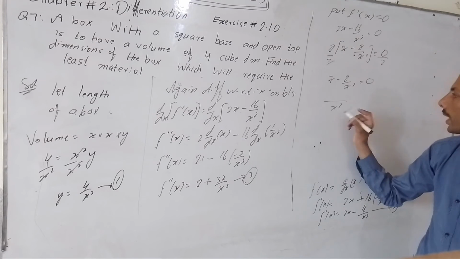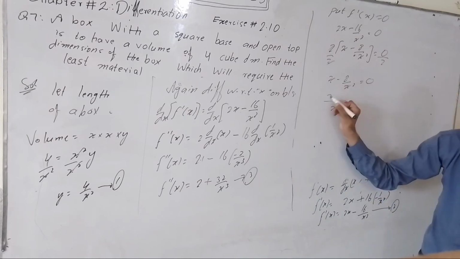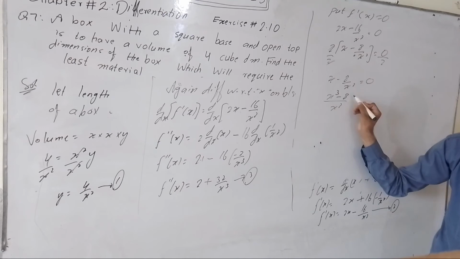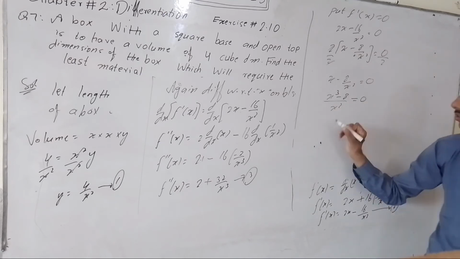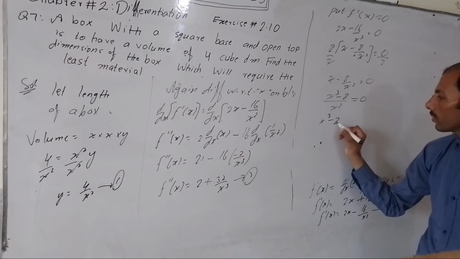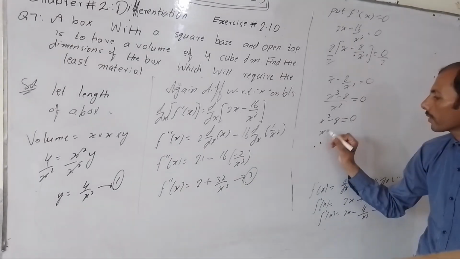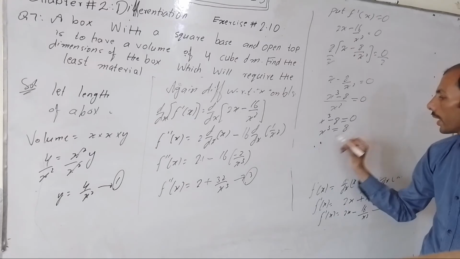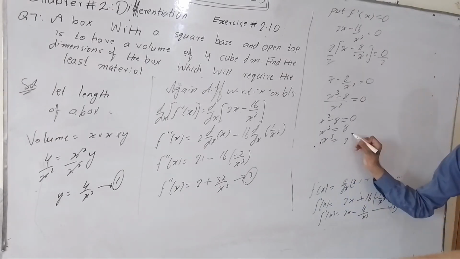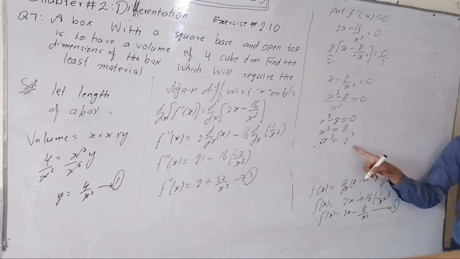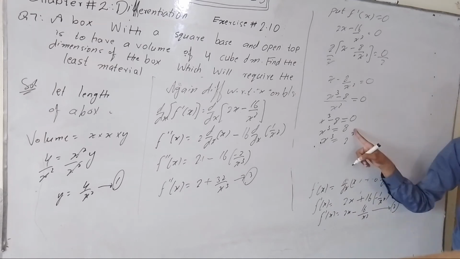Taking LCM x square, x cube minus 8 is equal to 0. By cross multiplication, x cube minus 8 is equal to 0. x cube is equal to 8. x cube is equal to 2 power 3, since 2 power 3 is equal to 8.